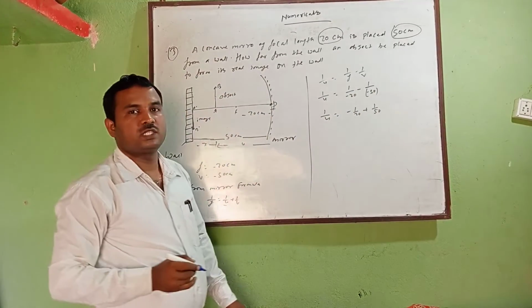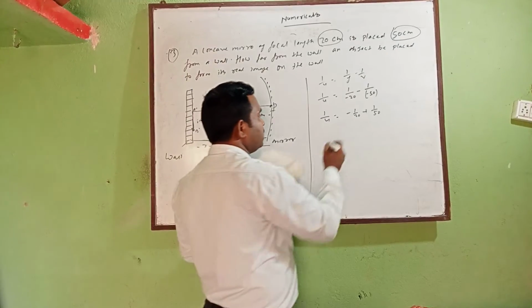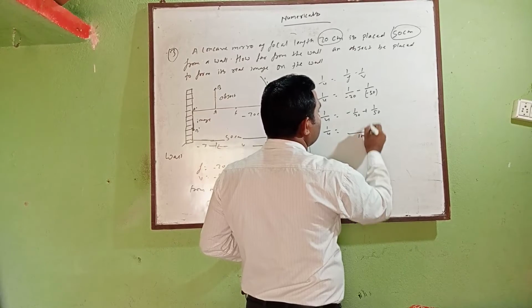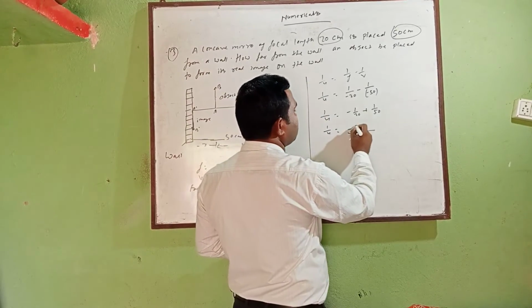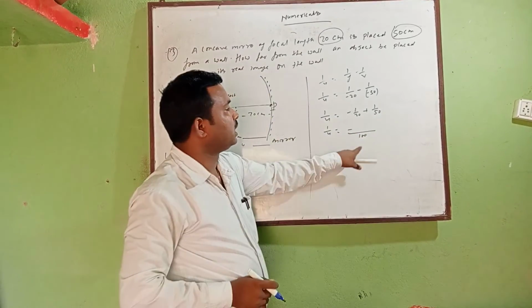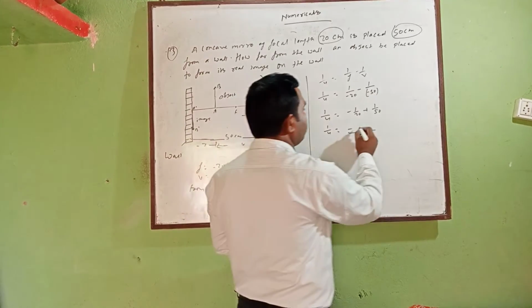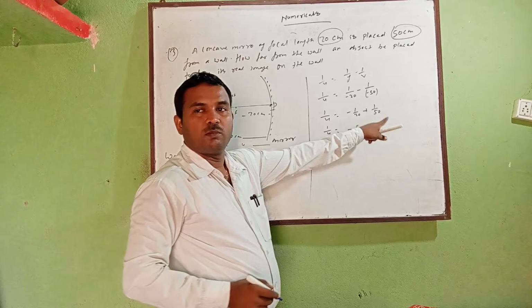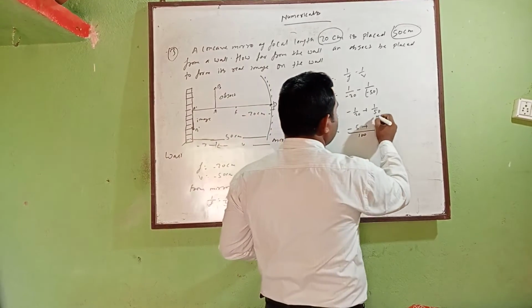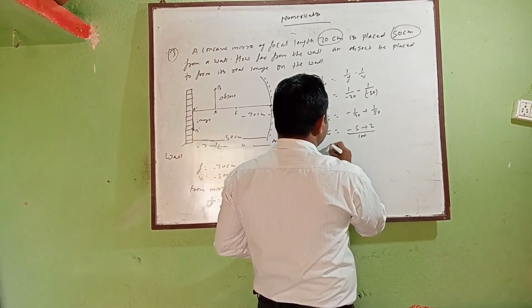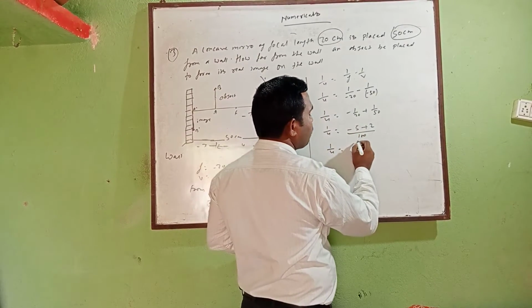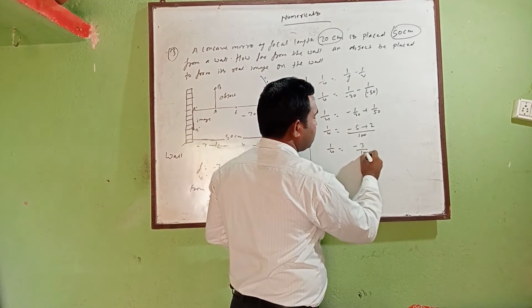Now we take the LCM, which is 100. 100 divided by 20 is 5, so minus 5, plus 100 divided by 50, which is 2. So 1 by u equal to minus 3 by 100.